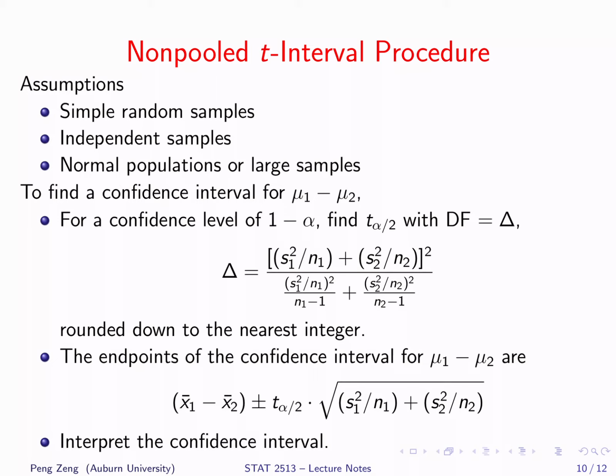The endpoints of the confidence interval are x1 bar minus x2 bar plus minus t alpha over 2 times the square root of s1 squared over n1 plus s2 squared over n2. Notice that the confidence interval still follows the general form of point estimate plus minus margin of error. Last, make sure to interpret the confidence interval.